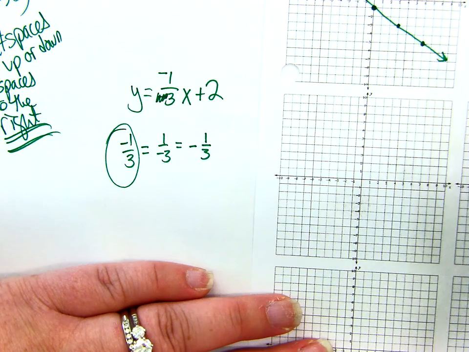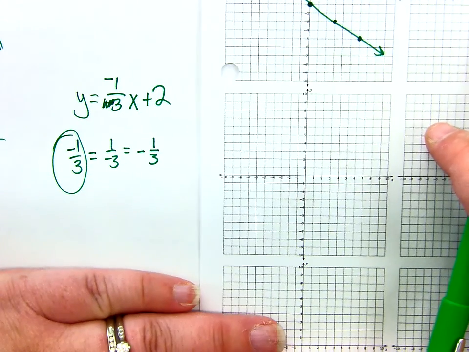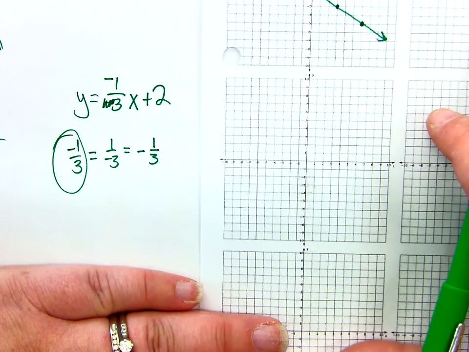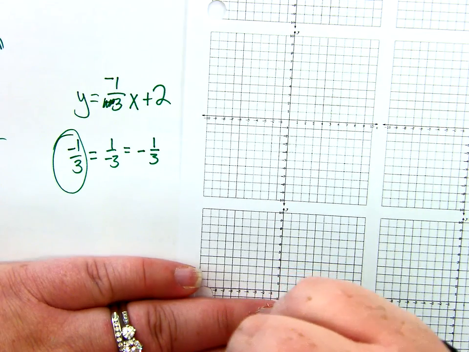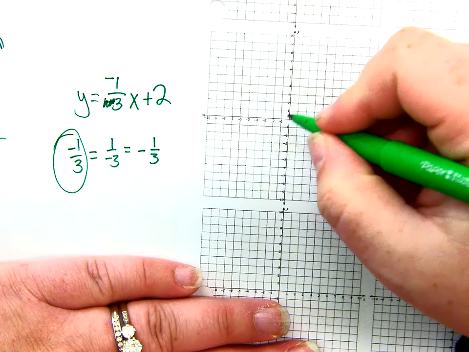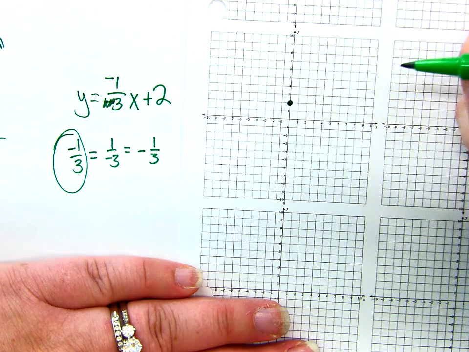So this thing should be going down from left to right. Where do I start? 0, 2, right? My y-intercept is a positive 2, so I start right there.